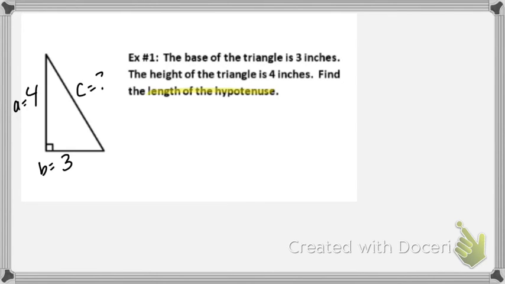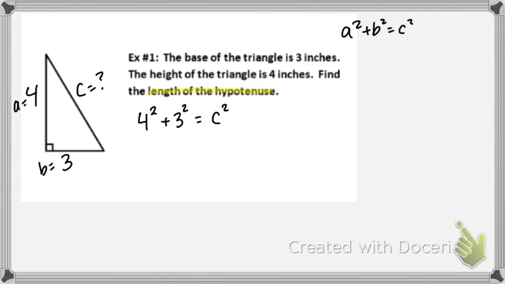I don't know what that is. I'm going to put a question mark there. Okay, so this is how I'm going to write my equation. I know my formula is A squared plus B squared equals C squared, right? So for A squared, I'm going to put 4 squared plus B squared, which is 3 squared, is equal to C squared.